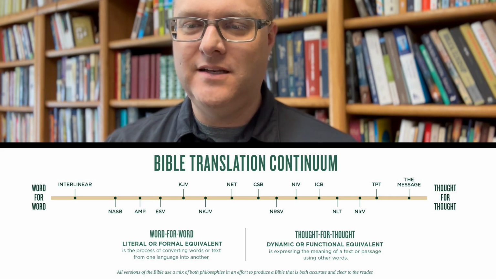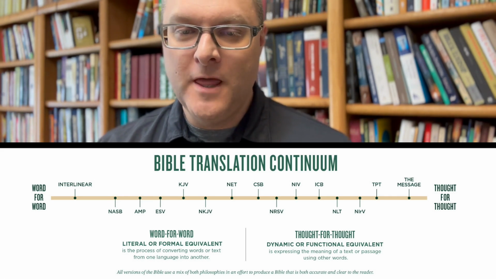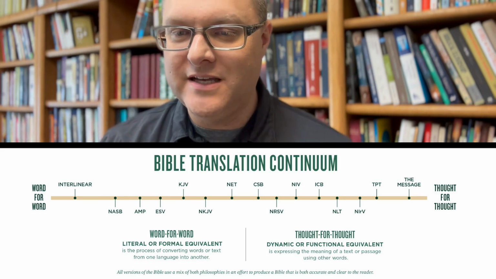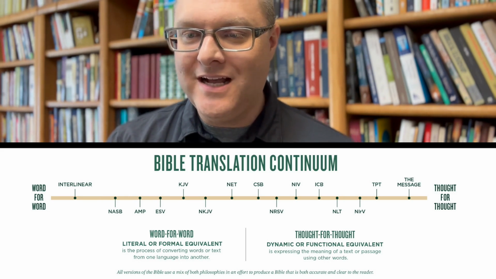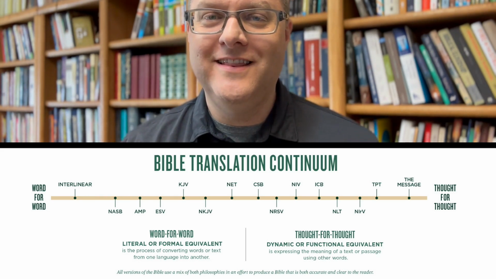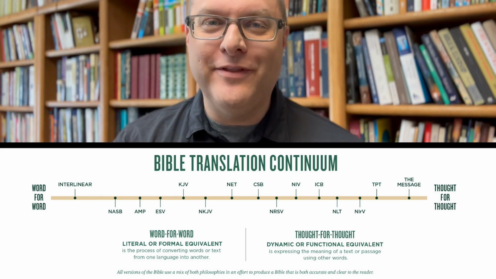So it's a slightly different philosophy, but at the bottom it says all versions of the Bible use a mix of both philosophies in an effort to produce a Bible that is both accurate and clear to the reader. And to anybody who says that Bible translation is a simple thing or that it should just be crystal clear, they probably haven't spent much time doing it because it's very complex.